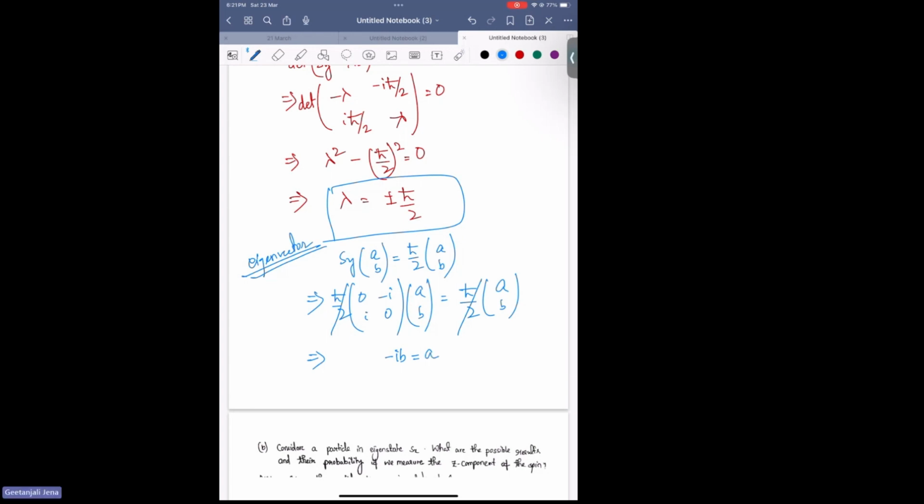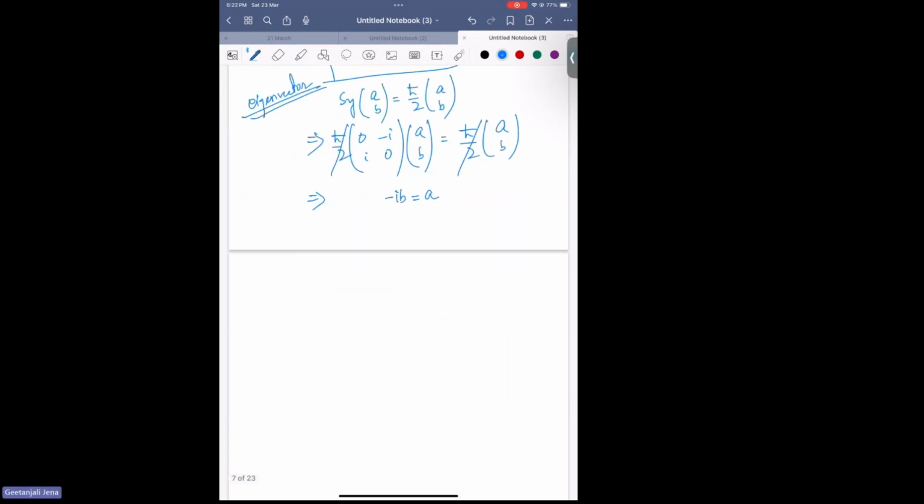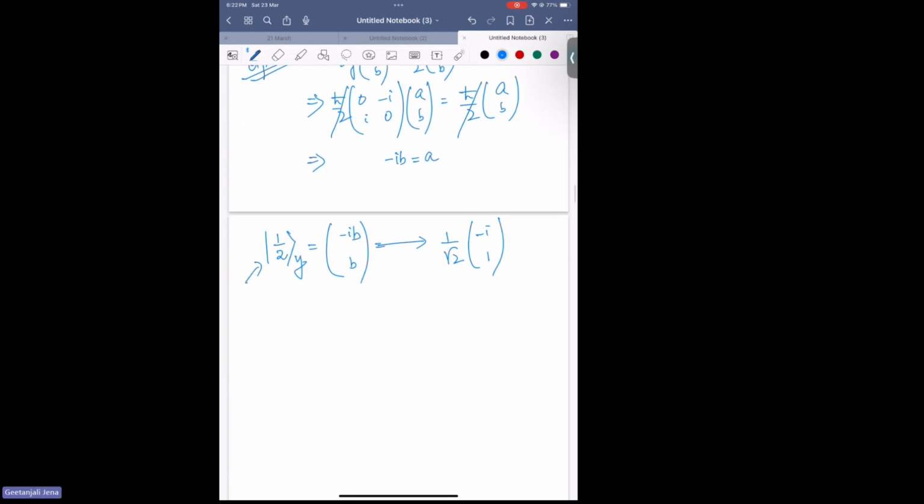There is an i, so that's why you see a minus ib. So the eigenvector related to plus ħ/2 of Sy is (-ib, b). If you normalize it, it will be 1 by root 2 times (-i, 1). This is one of the eigenvectors related to the eigenvalue ħ/2.